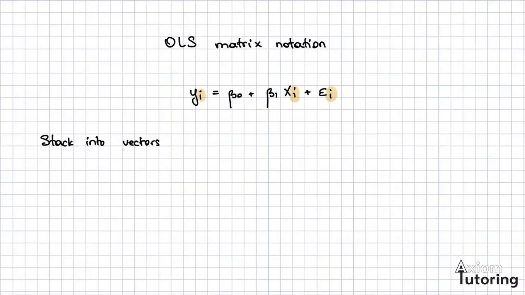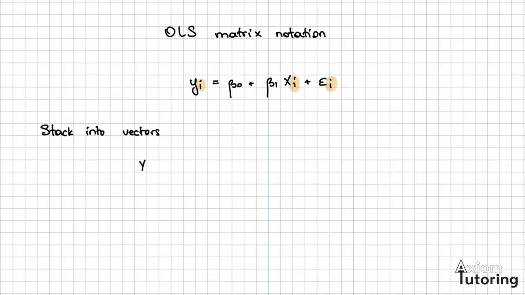So it's another way of describing, in a more compact way, your Excel spreadsheet, basically. What happens is you've got values y1, y2, y3, and so on until the very last person or entity in your data set. So these are all stacked into a vector.